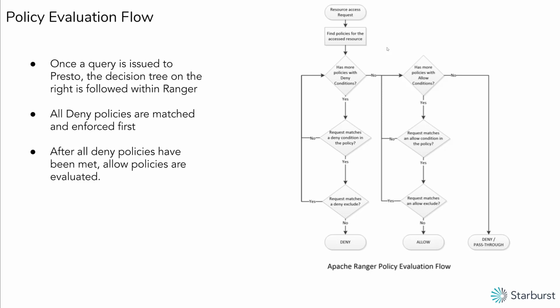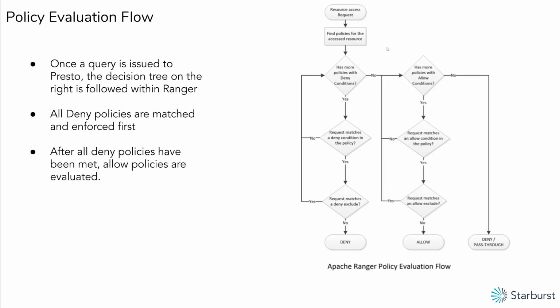Instead of allowing everything and then trying to figure out what you want to restrict, it's the other way around, which is a benefit because it allows you to not accidentally give access to groups of users or departments. First, when a query is executed, the policies are checked to see if there are any deny policies.